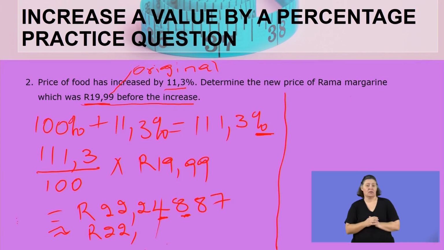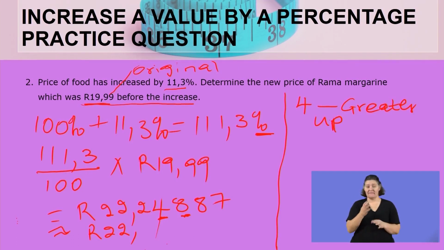Number one, we said when the value is greater than 4, then we round up. But if the value is less than 5, then we are going to round down.